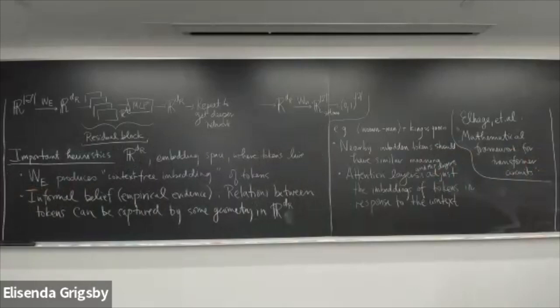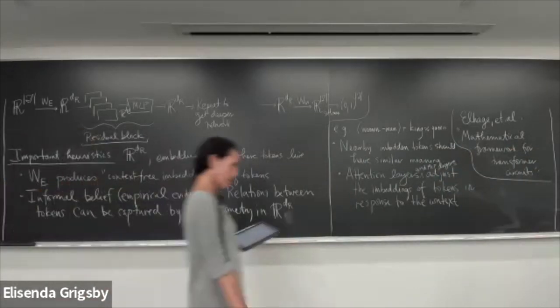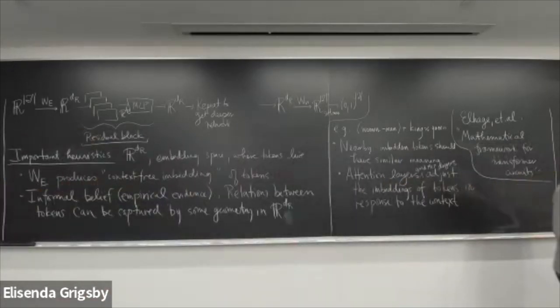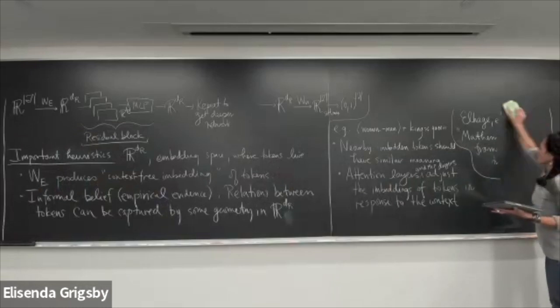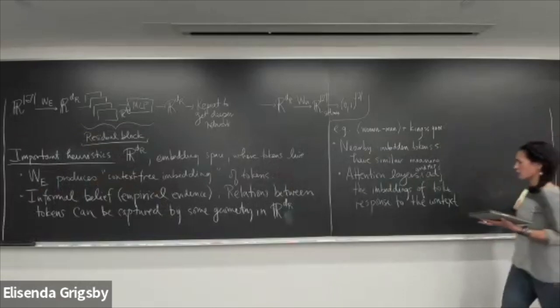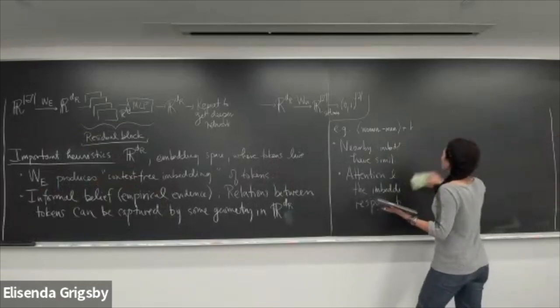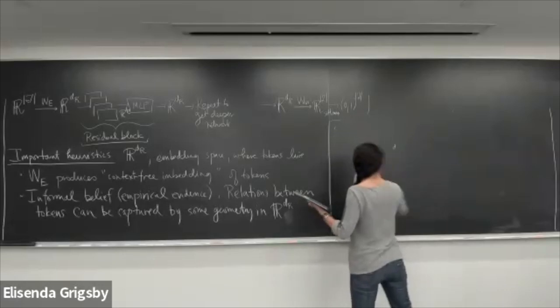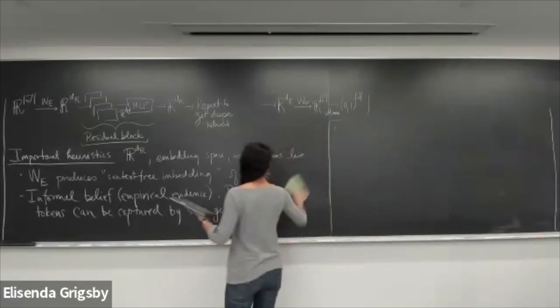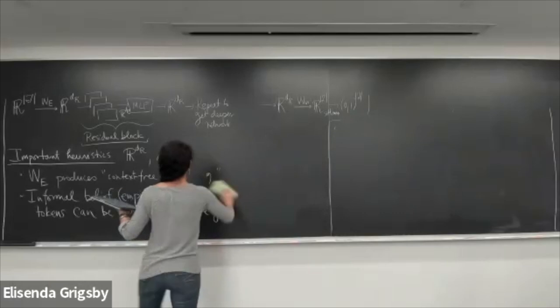Probably most of the evidence comes from the fact that if you get rid of the MLP layers, the transformers don't do a very good job. All right, so now that I've sketched out what the heuristics are, let me tell you about attention. Attention is the really new mechanism beyond what we've talked about so far in this class.